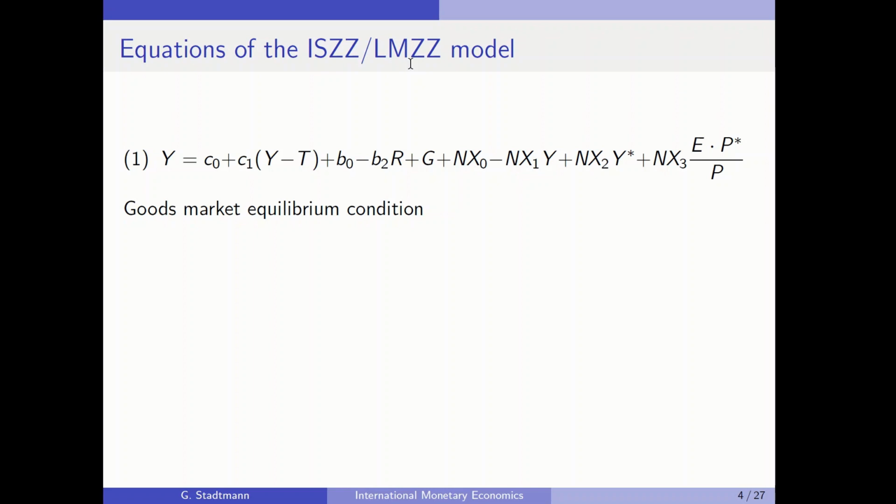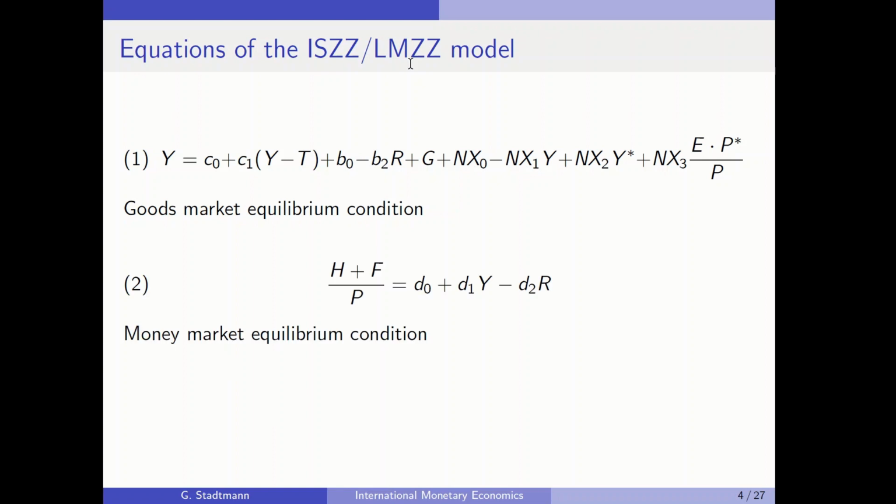Equation 1 is the goods market equilibrium condition. Nothing has changed compared to the situation where we were analyzing a floating exchange rate system. So everything is in line with our previous chapter. When you look at equation 2, the money market equilibrium condition, then also nothing has changed on the right-hand side.